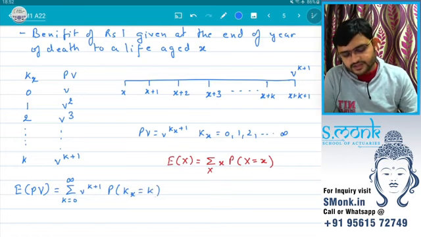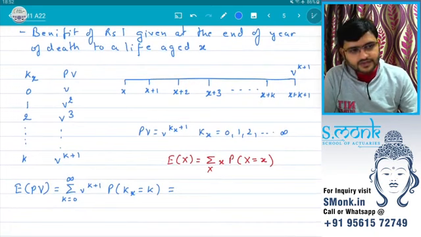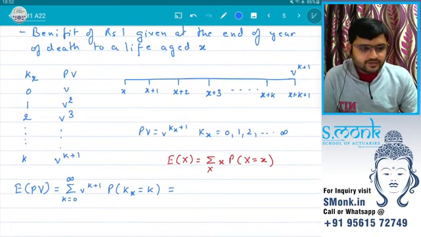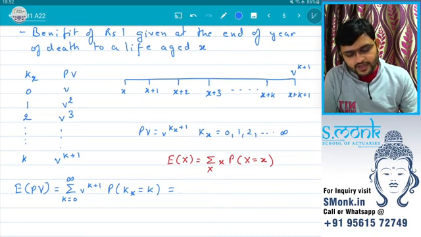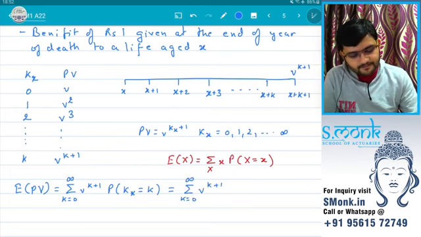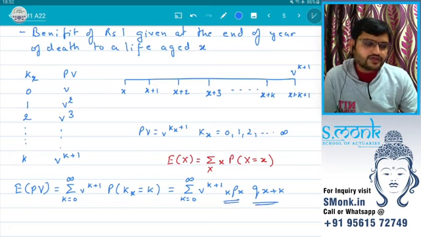We studied this in the previous chapter, probability of kx equal to k. That is v raised to k plus 1 kpx into qx plus k, surviving for k years and dying within the next year.